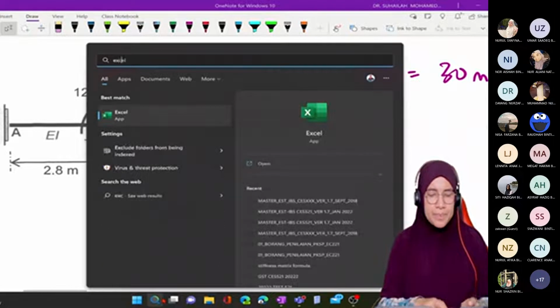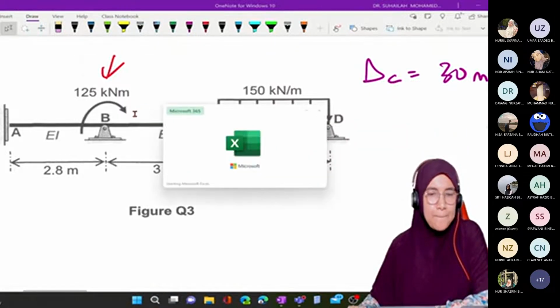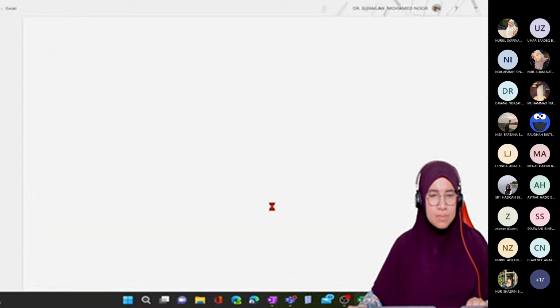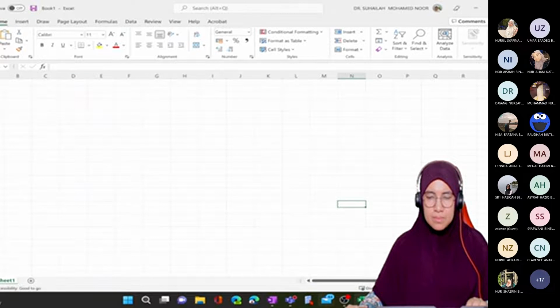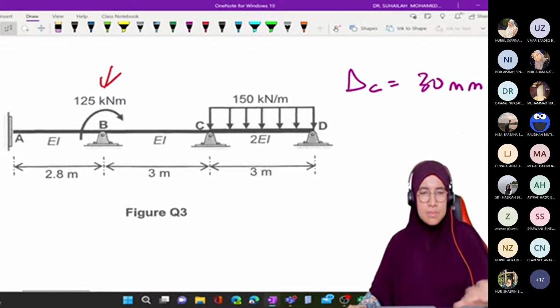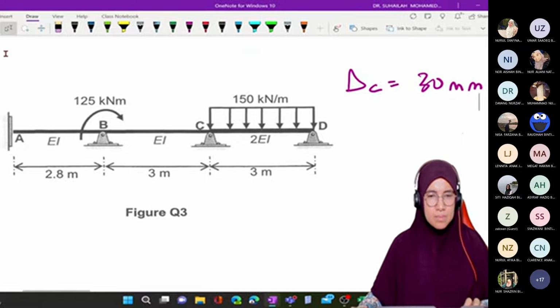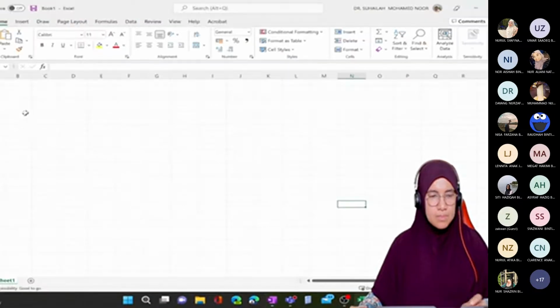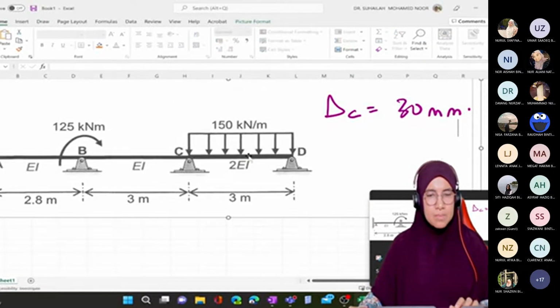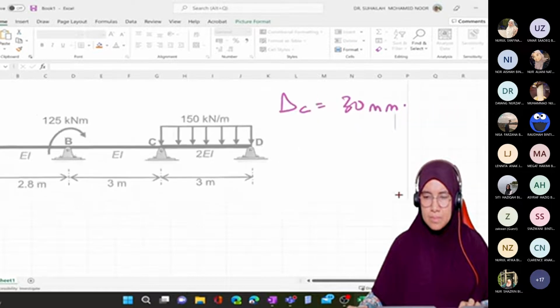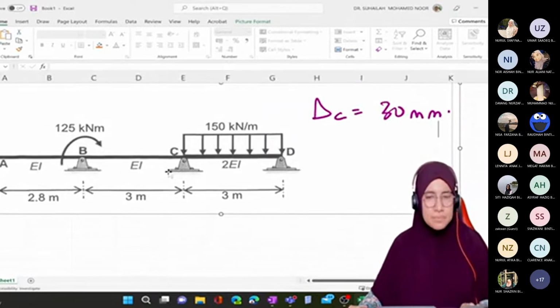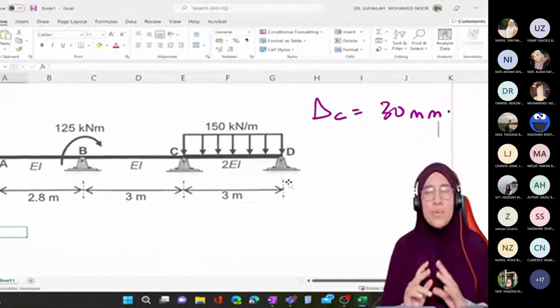So saya open Excel. Okay, we will have one table.